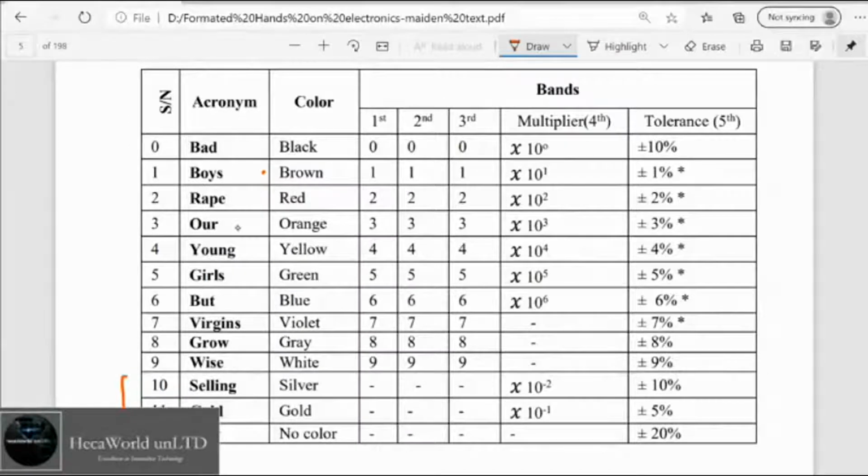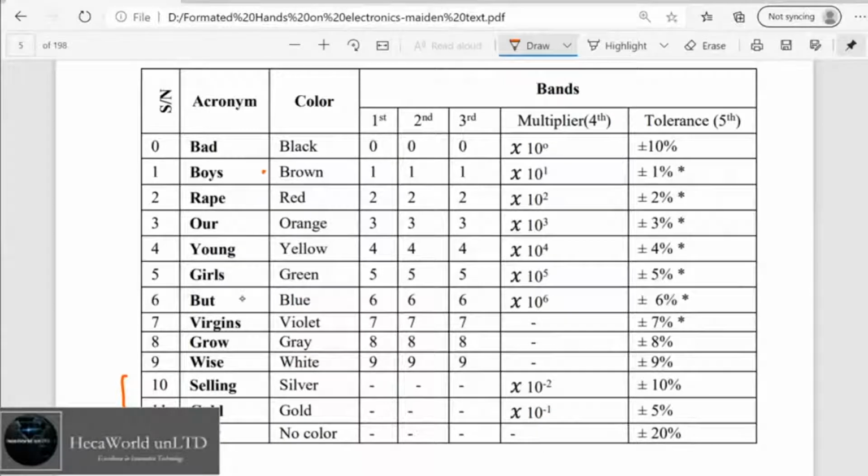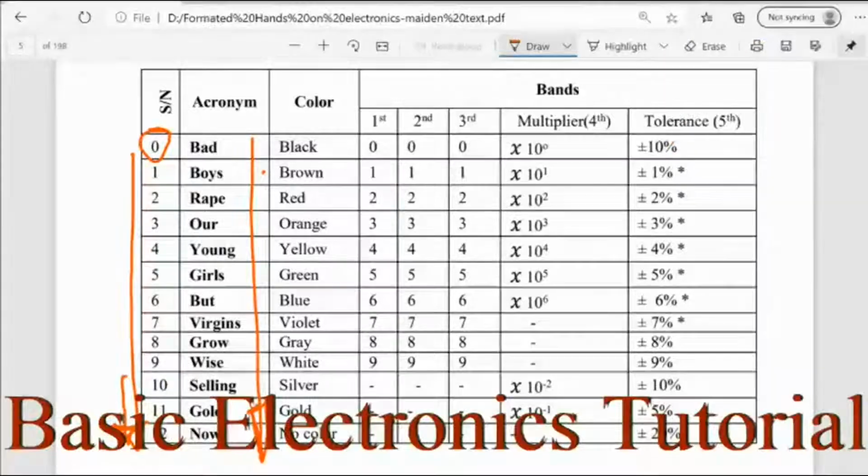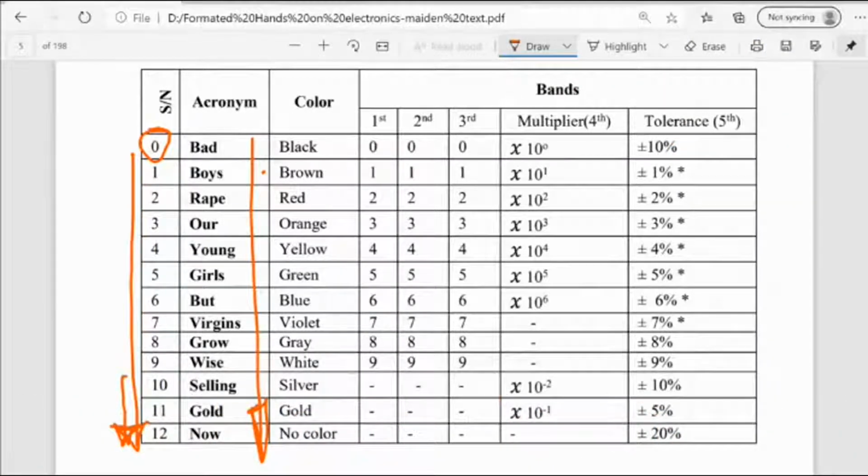We wanted it to read seamlessly down. What this helps you to remember is what number corresponds to what color: 1 is brown, 2 is red, 3, and so on and so forth.